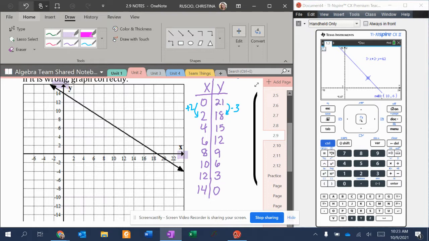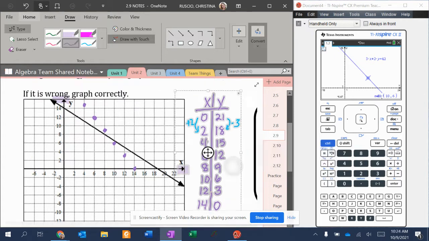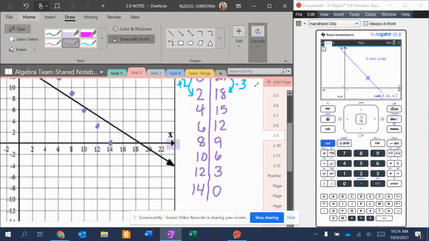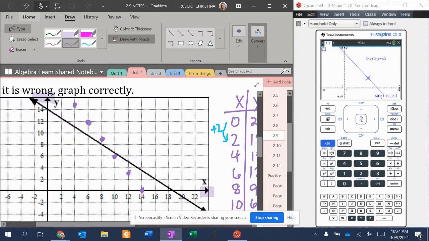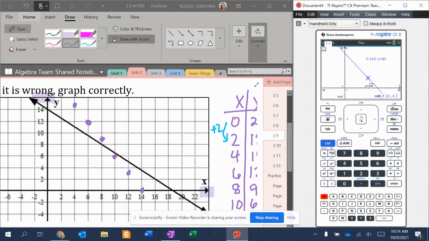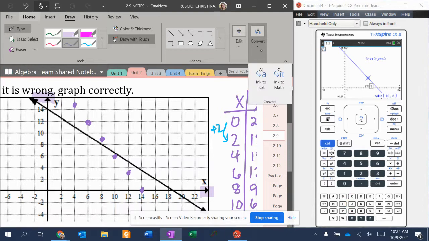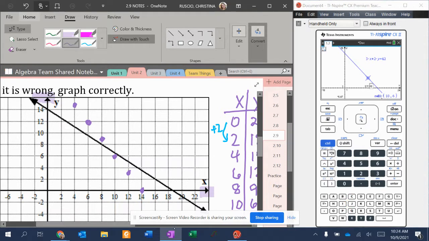Looks like the first point that I can plot is 4, 15, 6, 12, 8, 9, 10, 6, 12, 3, 14, 0. I could generate more points, but it looks like I have enough of them to create a straight line, which we're definitely going to use a straight edge for if I can get this to work. All right, so if I use my straight edge, is this going to let me use my straight edge?